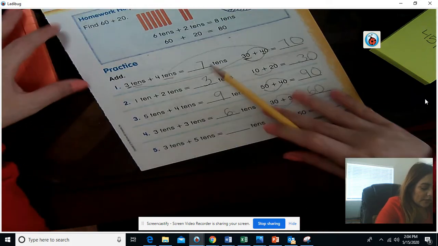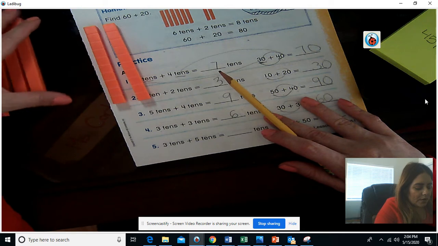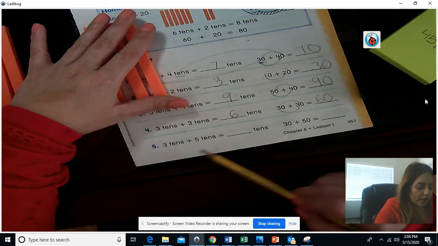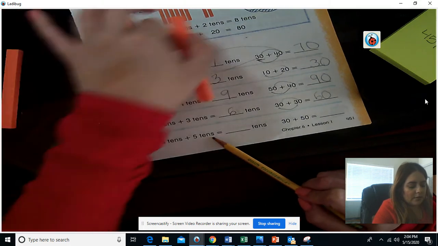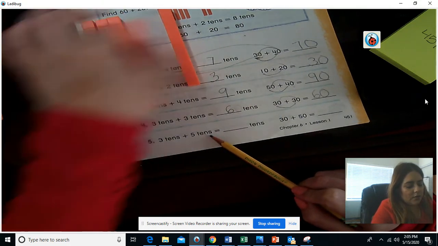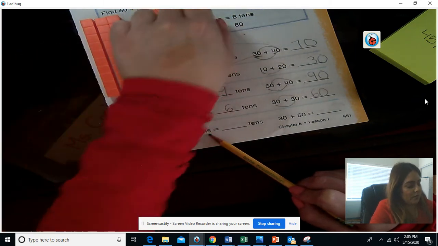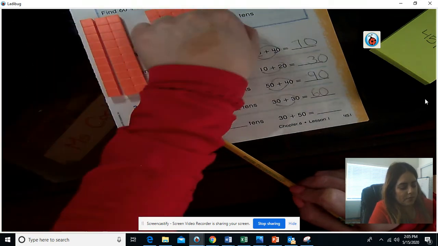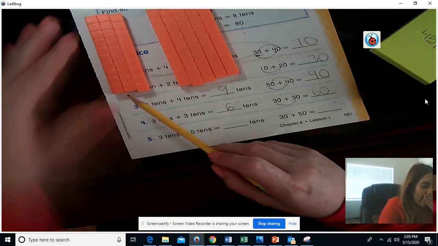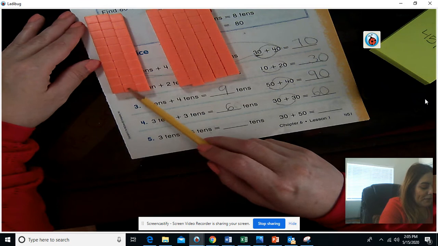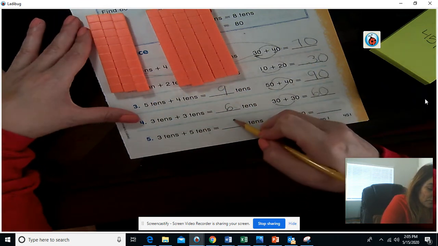3 tens, 1, 2, 3 tens. I'm looking at number 5 now. Plus 5 tens. Plus 1, 2, 3, 4, 5. So how many tens do we have? Oh, sorry. We have 1, 2, 3, 4, 5, 6, 7, 8 tens.